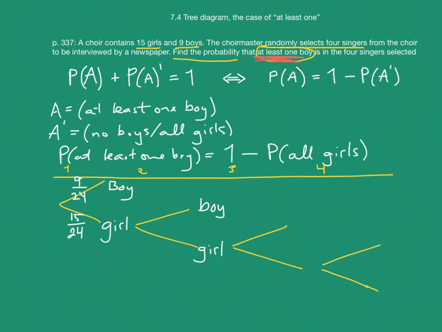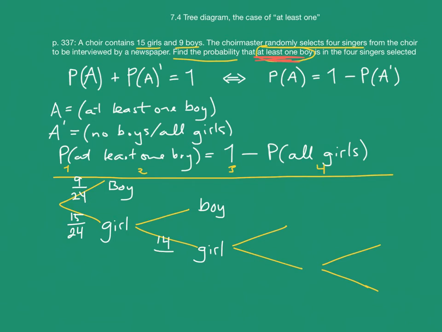So our second pick, if we already chose one girl, then the next situation is, okay, the second pick is either going to be a boy or a girl. We have to think how many girls are left, because we already chose one. So how many girls are left? Well, there are 14 girls left.